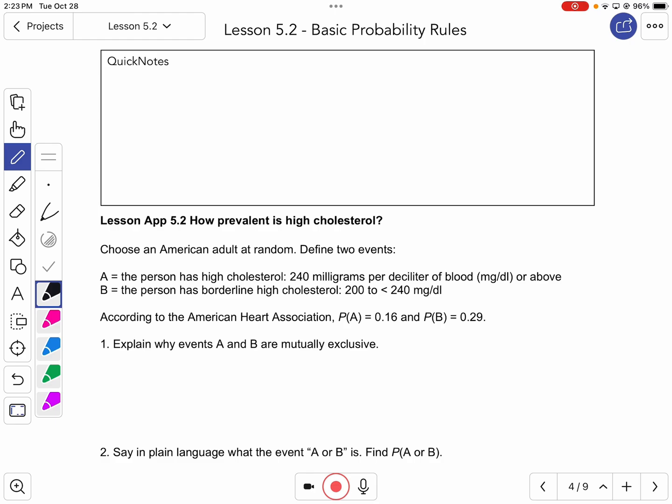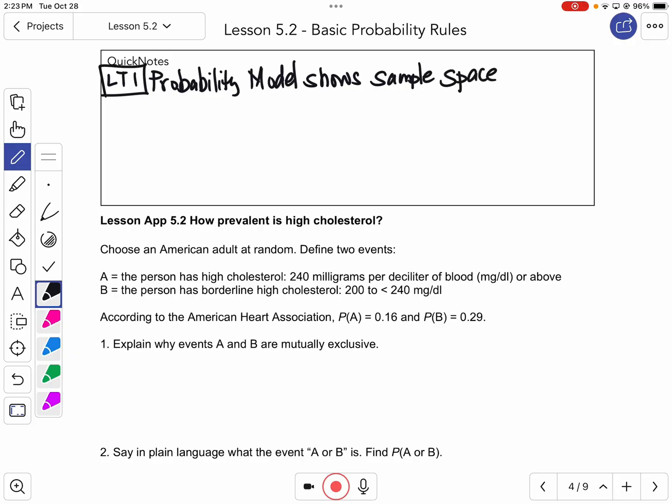So learning target 1, a probability model just shows us the sample space. That was that chart we filled out. But even if it doesn't show me the sample space, let's say it just shows me all the different probabilities, we have to remember that the probabilities fall between 0 and 1.